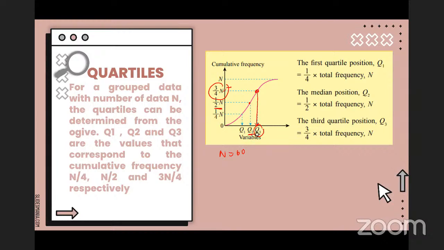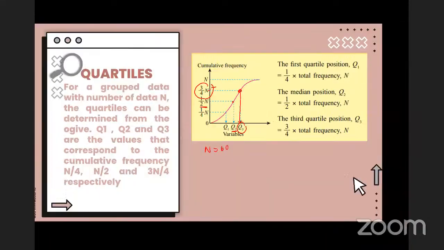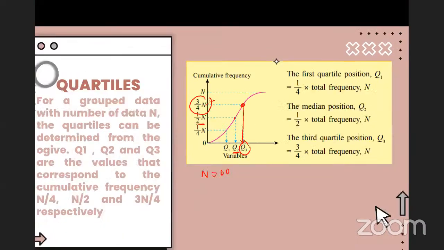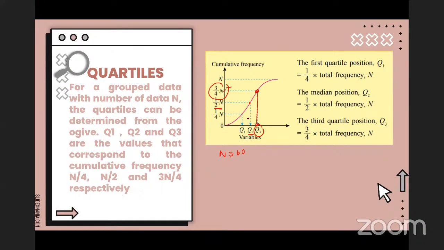Okay, so this is why your ogive should be in a really smooth curve, because you need it to be smooth so that you can link it to the right amount. So if in the exam, let's say they ask you to find quartile 2 and quartile 3, and the quartile 3 they find is 43.4, and the answer given is like 43, then it will normally accept plus minus 0.5.